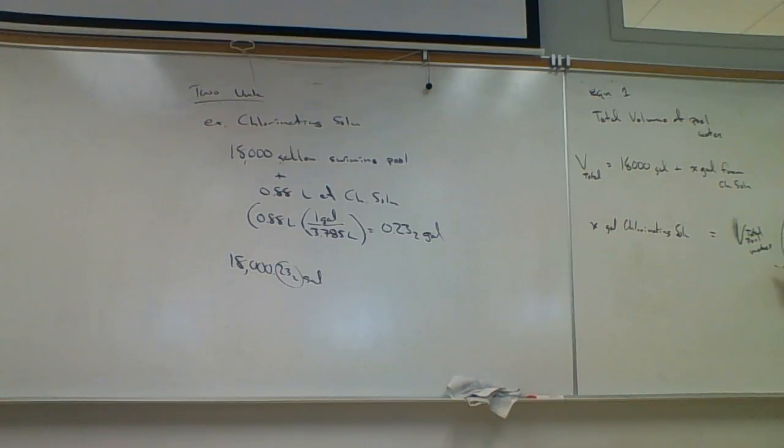And then this is in gallons. And so we go from gallons, what did we do? We went from gallons to liters of pool water. And then from liters of pool water to milliliters of pool water. And then from milliliters of pool water to grams of pool water. And then from grams of pool water to grams of chlorine, pure chlorine.